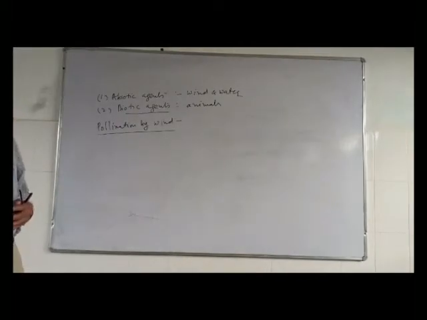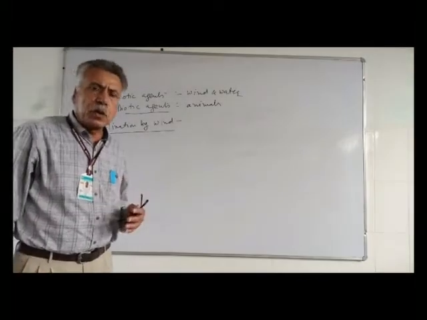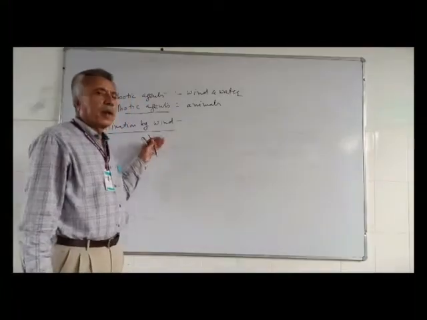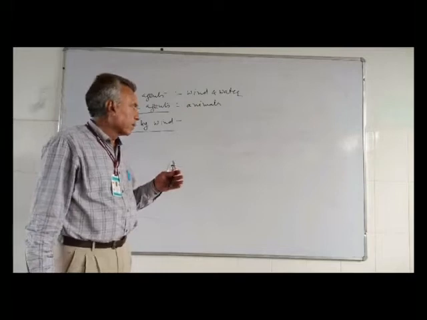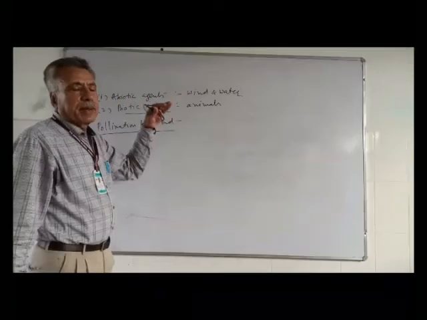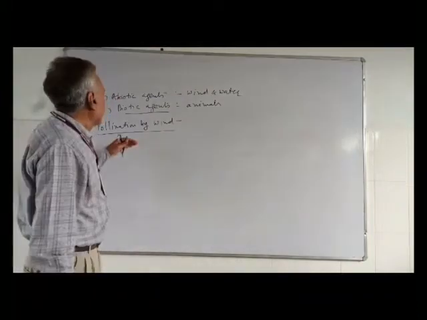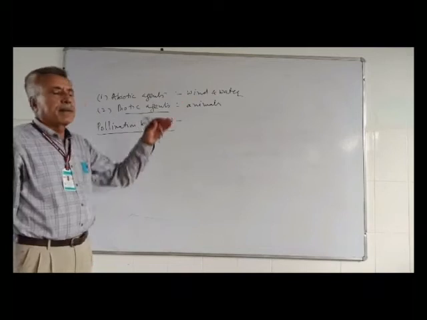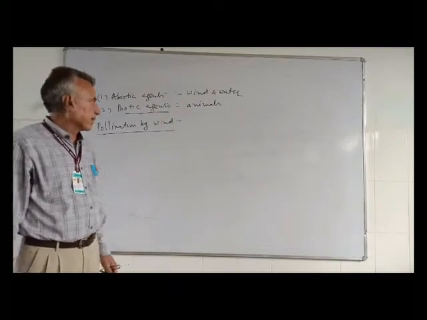As I told you, in the majority of flowering plants, pollination is carried out by animals. Abiotic agents, some plants use wind and water as pollinating agents.